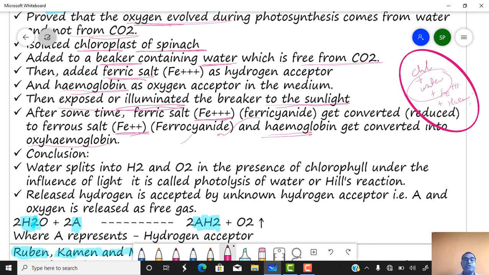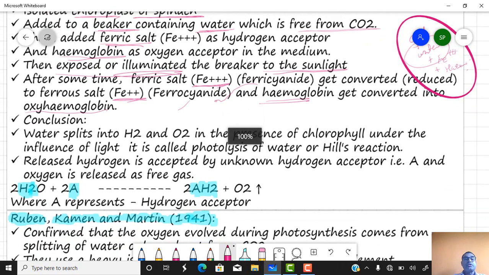So what is the conclusion here? Water splits into H2 and O2 in the presence of chlorophyll under the influence of light, and this is called photolysis of water. What is photolysis of water? The splitting of water into H2 and O2 in the presence of chlorophyll under the influence of light. This is also called the Hill reaction.